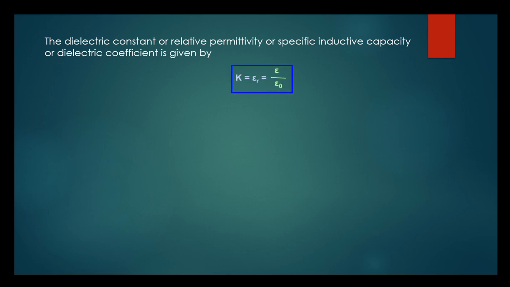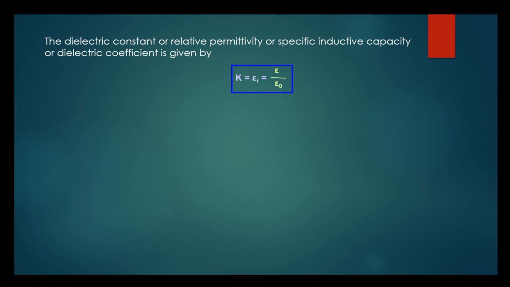It is given by K equals to epsilon R. Epsilon is a Greek letter. Epsilon denotes absolute permittivity of medium. Epsilon R denotes relative permittivity, which is defined as the ratio of absolute permittivity of medium to absolute permittivity of free space.